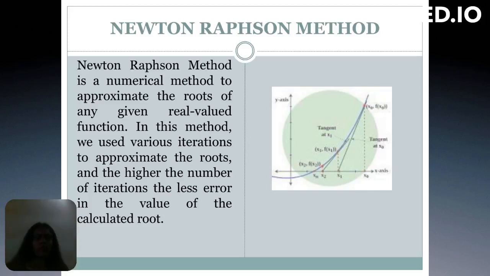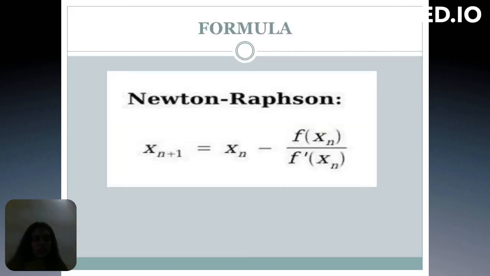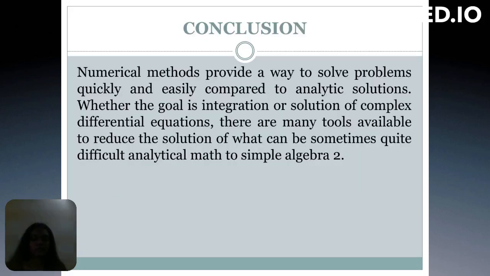The higher the number of iterations, the fewer errors in the value of the calculated root. The formula for the Newton-Raphson method is x_(n+1) equals x_n minus f of x_n divided by f dash of x_n.